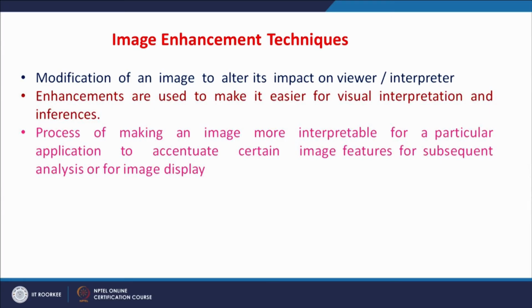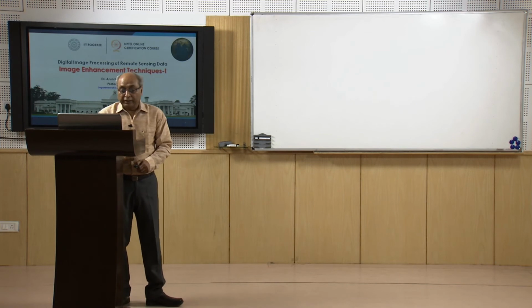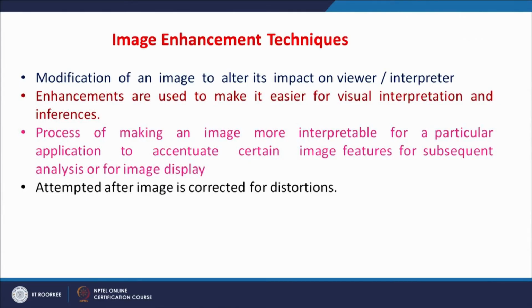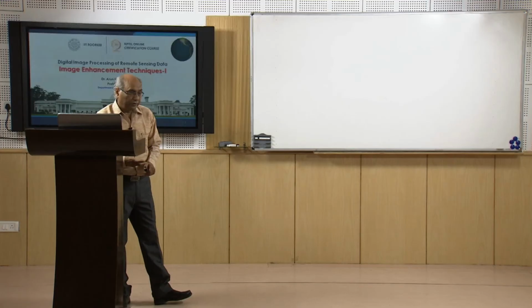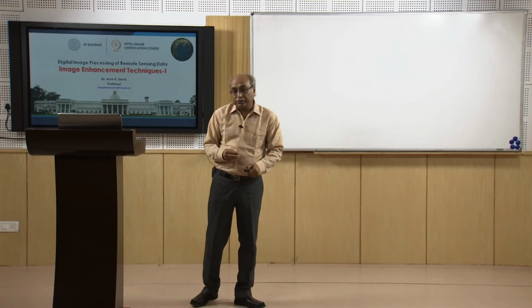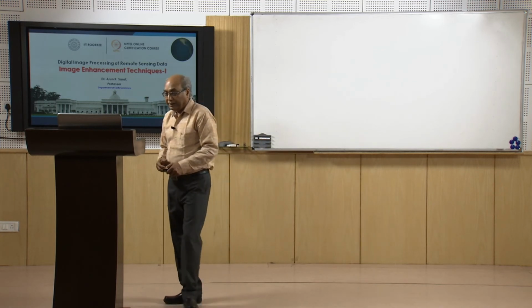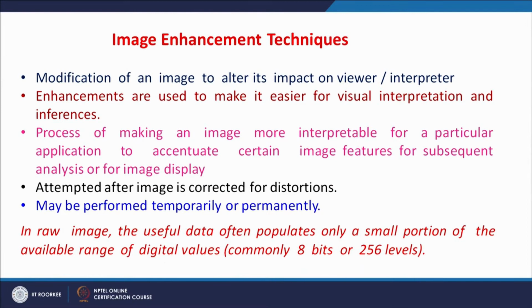So image enhancement is the process of making an image more interpretable for a particular application, to attenuate certain image features for subsequent analysis or image display. This is attempted after the image is corrected for distortion. First atmospheric distortions are removed, geometric distortions are removed, georeferencing is performed, then we go for image enhancement, and it may be performed temporarily or permanently.